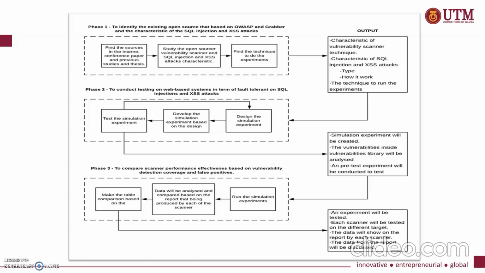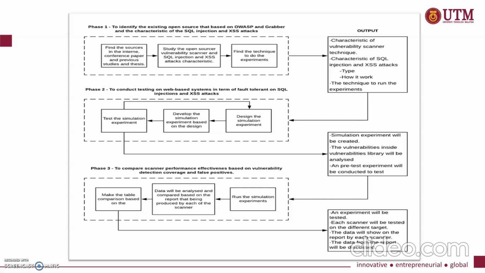The output from this phase 1 is the characteristics of the vulnerability scanner technique, the characteristics of SQL injection and cross-site scripting attacks, on how they work, and then the technique to run the experiments.